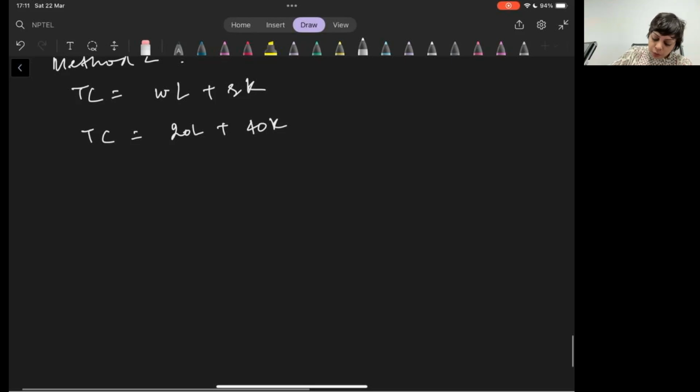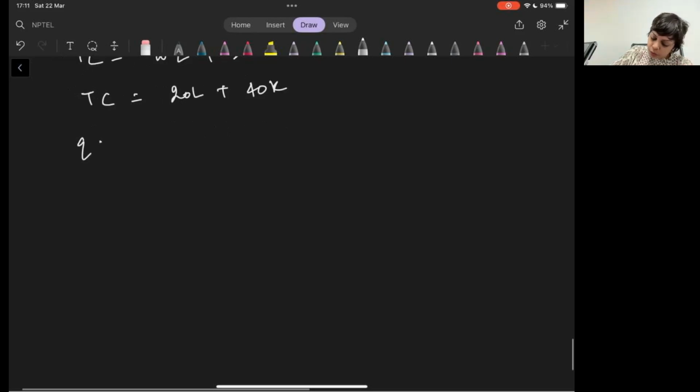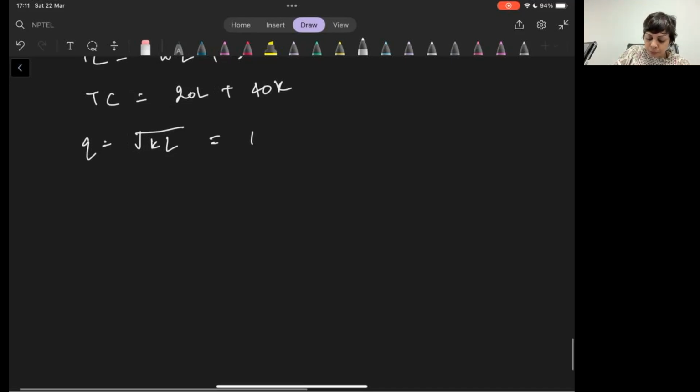This is the total cost function. Now we are also given the production function, which is root K into L. And we're given the value of Q. Q is 100. So from this production function alone, we can derive a relation between K and L, right?